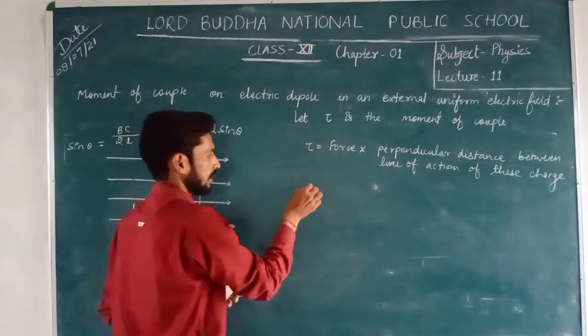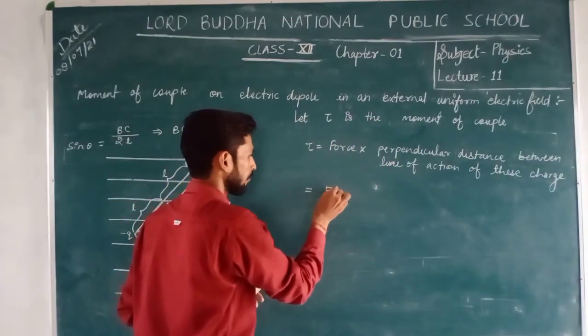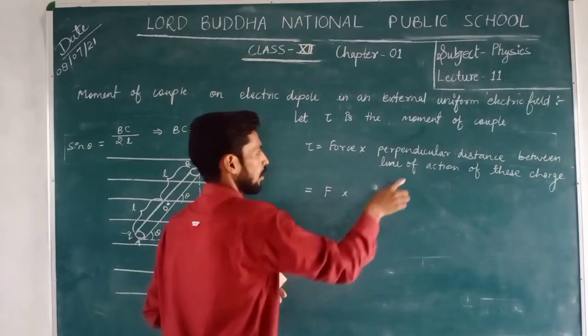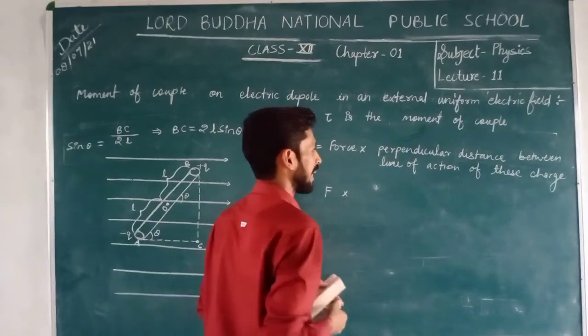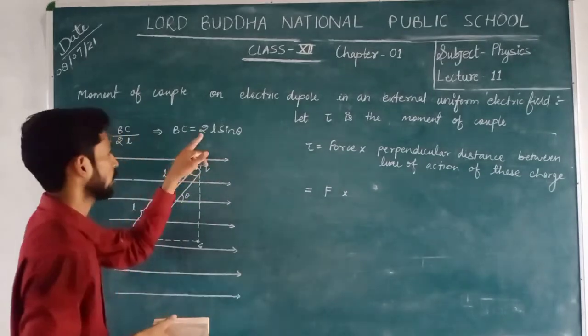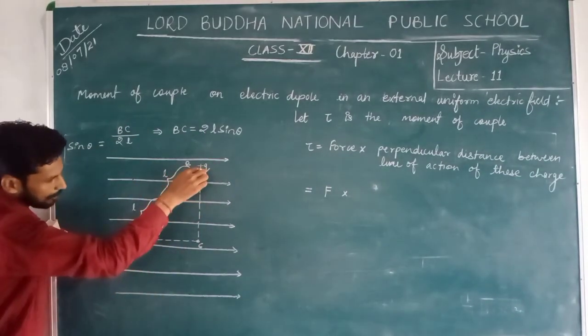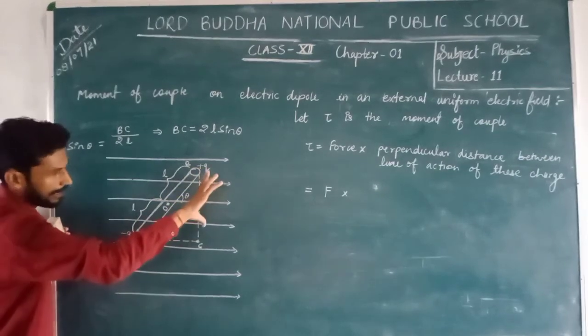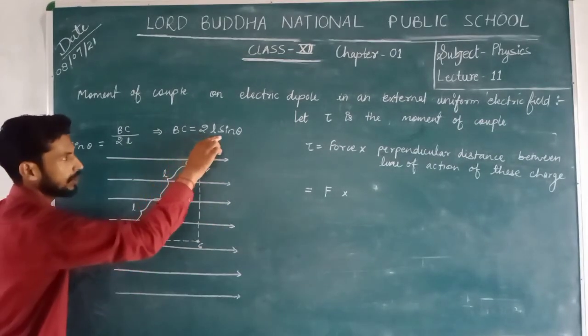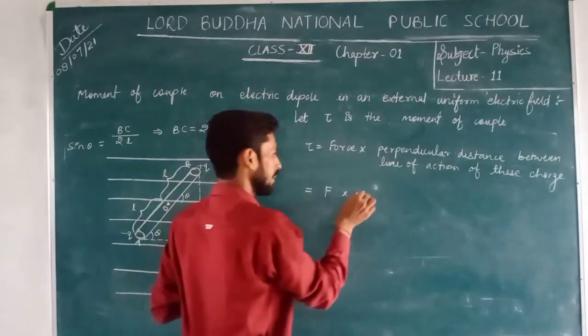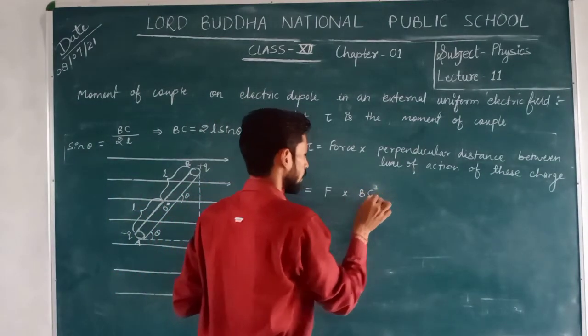Force, that is F, into what is the perpendicular distance between line of action of these charges? That is 2L sin theta. So the length of BC, that is the effective length, is equal to 2L sin theta.